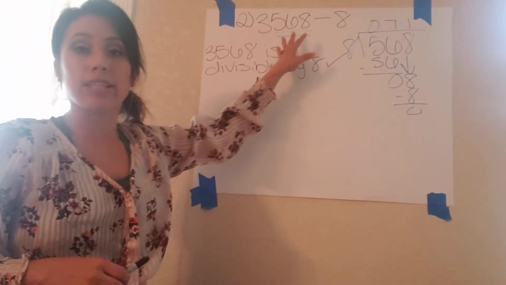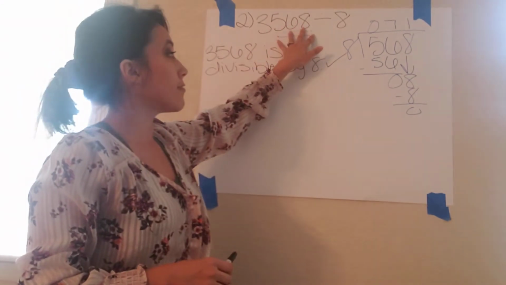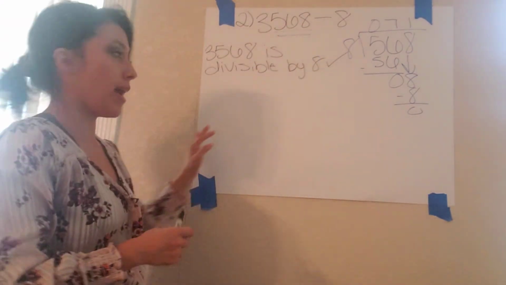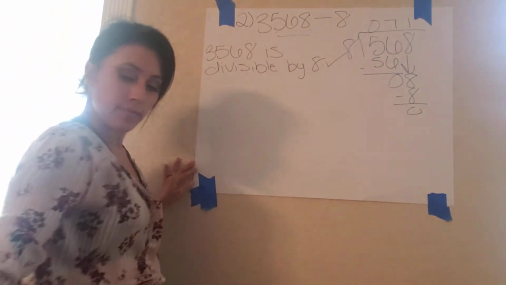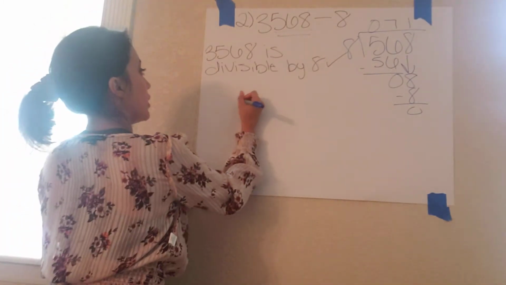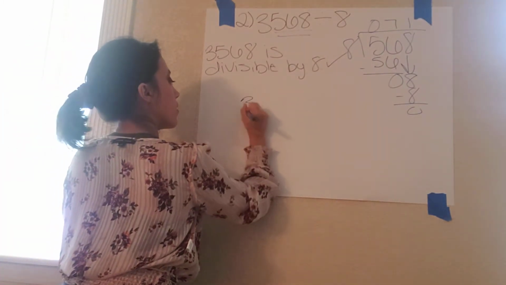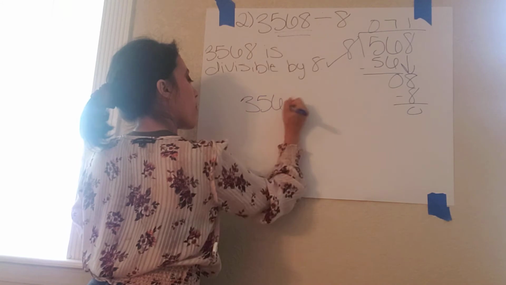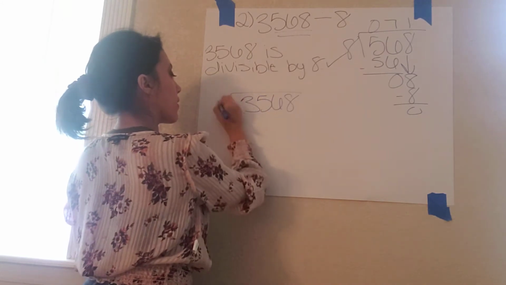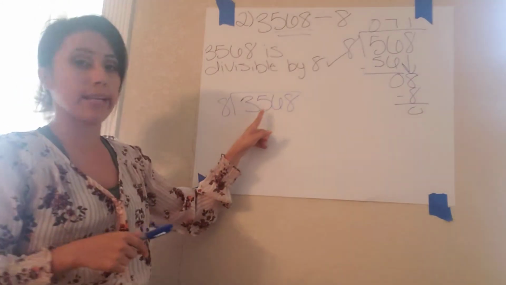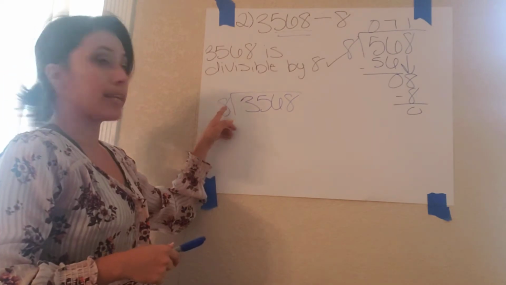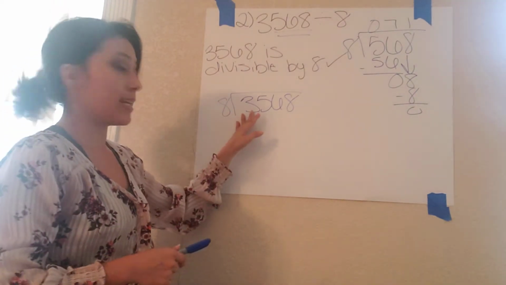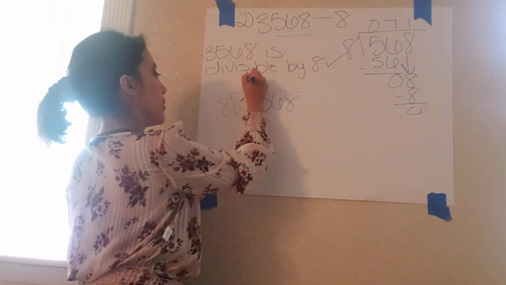Now we're going to go ahead and solve the math problem, 3,568 divided by 8. We know 8 cannot be multiplied by anything to equal 3. So we're going to put a 0.